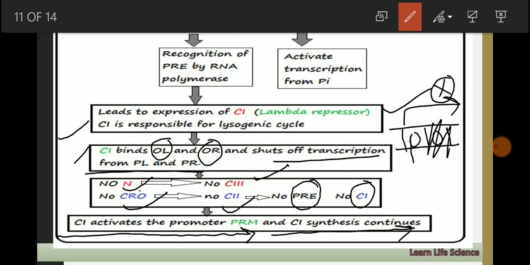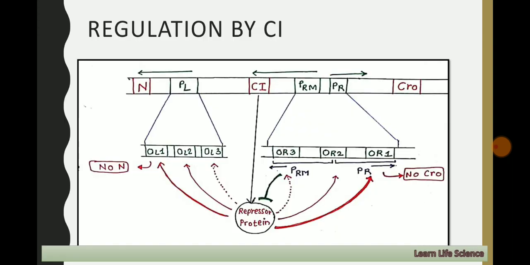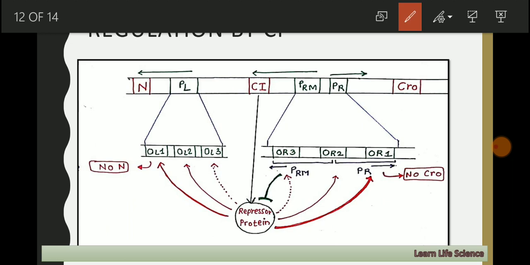So let's understand it diagrammatically again. Here you are going to understand it easily. Okay, so we have discussed until the repressor protein synthesis, which is synthesized by PRE promoter. Okay, when the C1 repressor protein is synthesized, it is going to bind to operator regions.